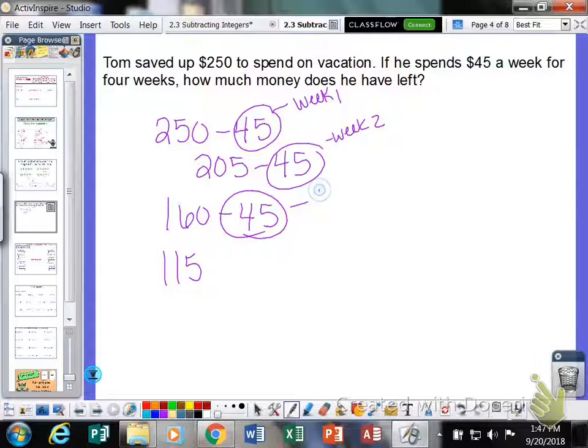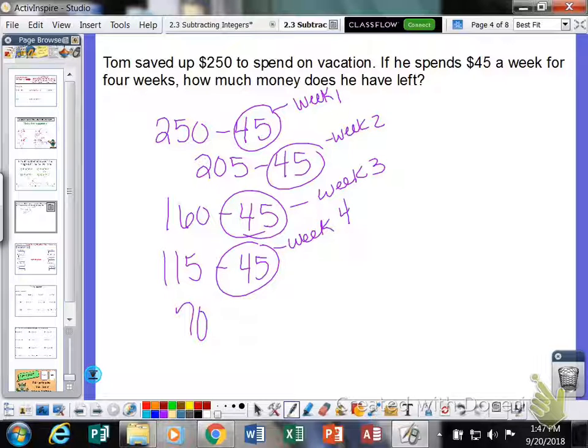So that was after week 3, and then subtract 45 from that, and you get 70, and that was week 4, leaving us with $70.